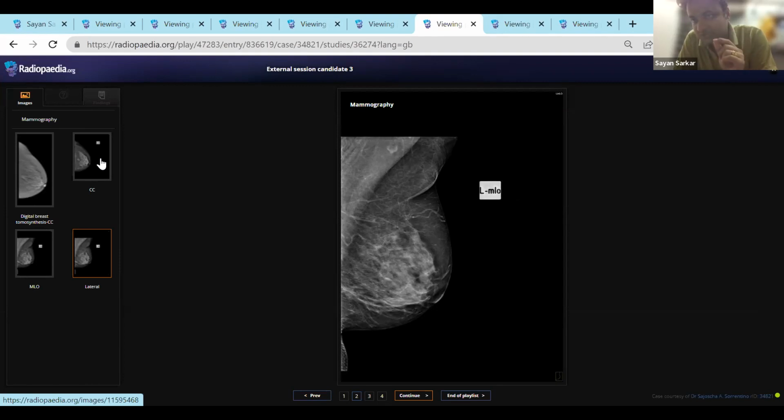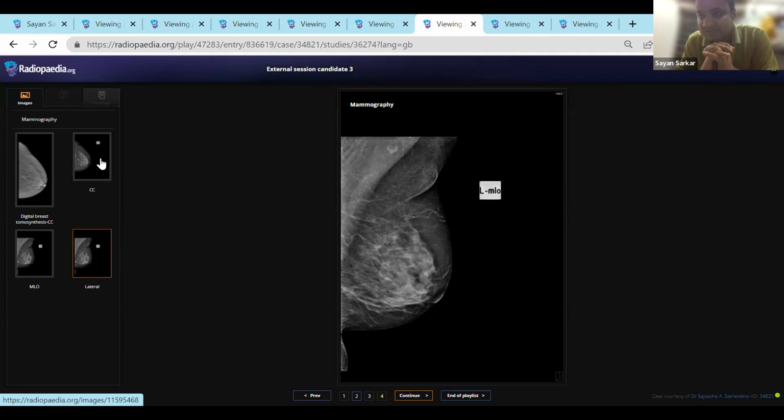What are the markers of a suspicious lymph node in the axilla? The most significant is the loss of fatty hilum, and then the size, 1.5 centimeters short axis diameter. Anything else? Any other markers?